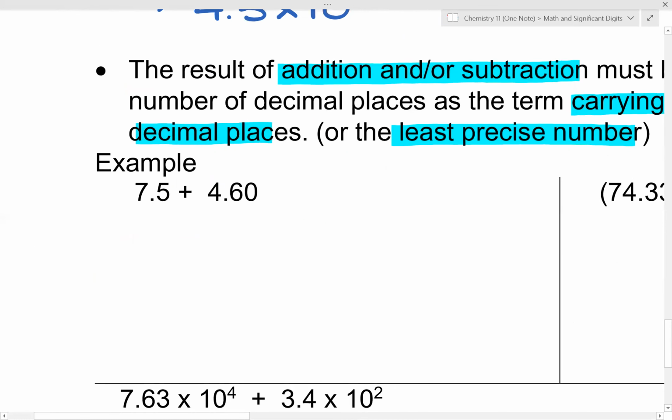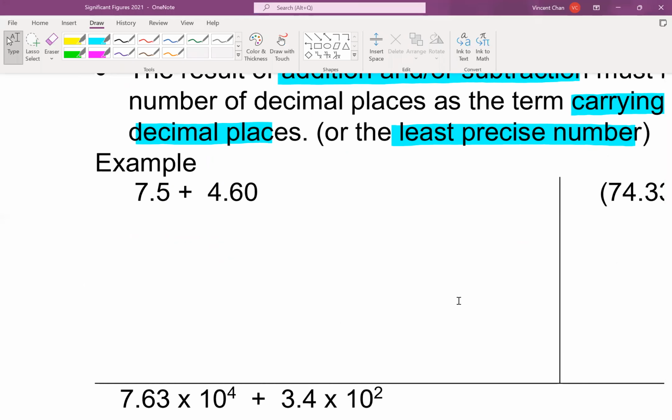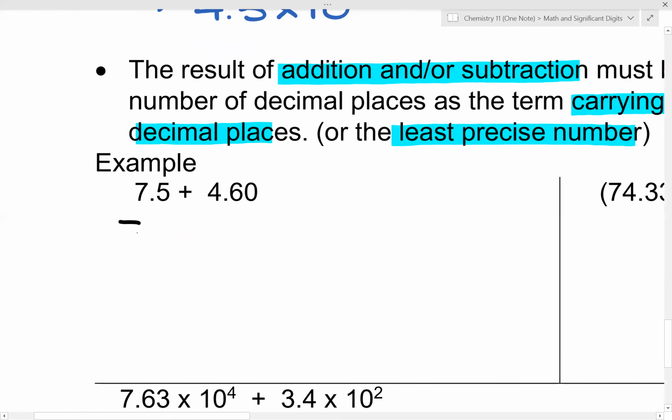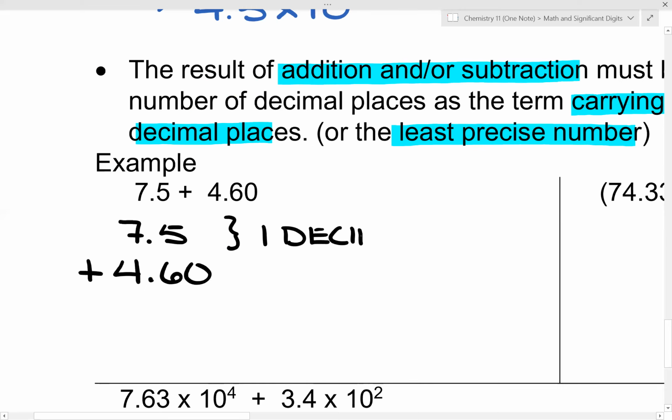So the first one would be 7.5 plus 4.60. I'm just going to rewrite it here. In this case, the 7.5 has 1 decimal. The 4.60 has 2 decimals.